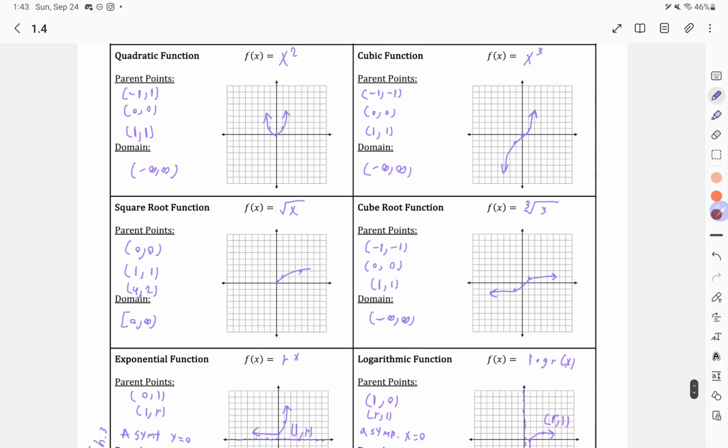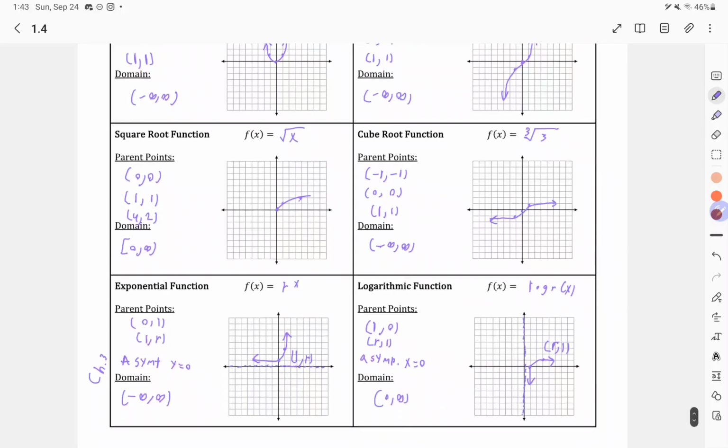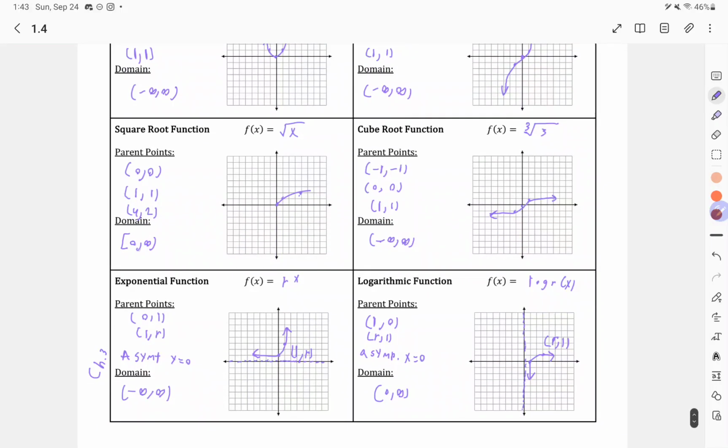And square root functions have a parent function of f of x equals the square root of x. Their parent points are (0, 0), (1, 1), and (4, 2), because they go this way. Normally, this is the positive, the even version, so it goes to the right. The domain is from 0 to infinity.